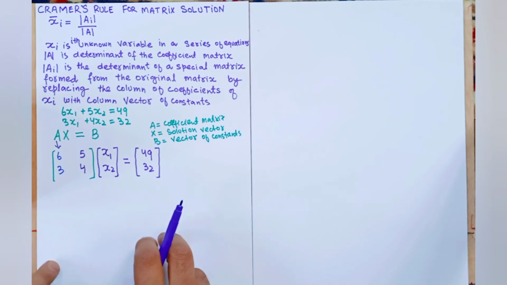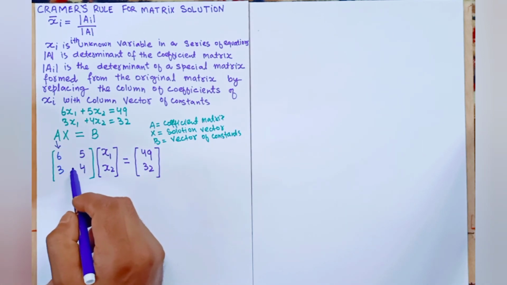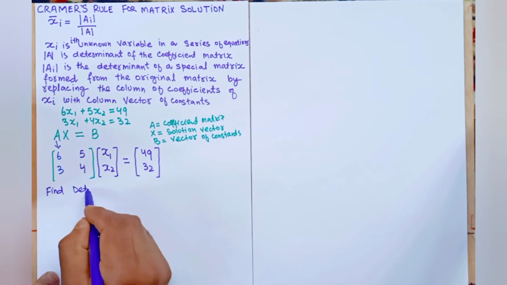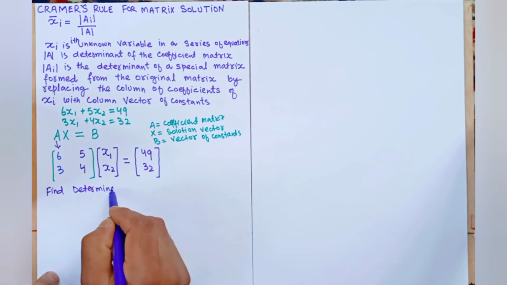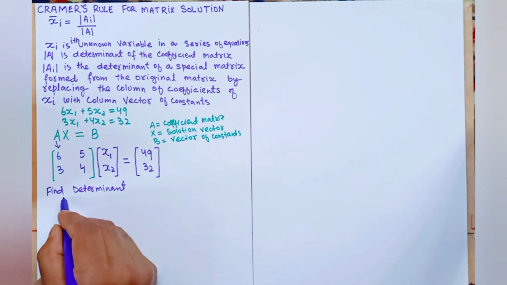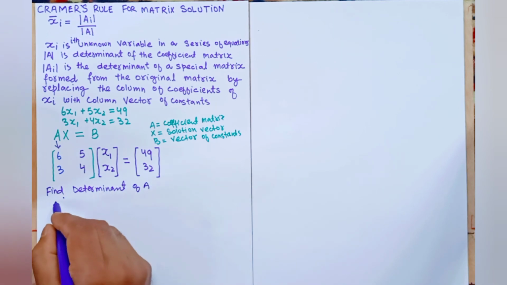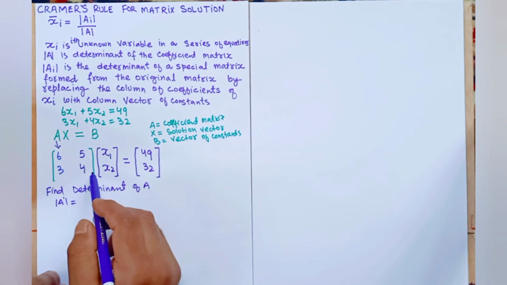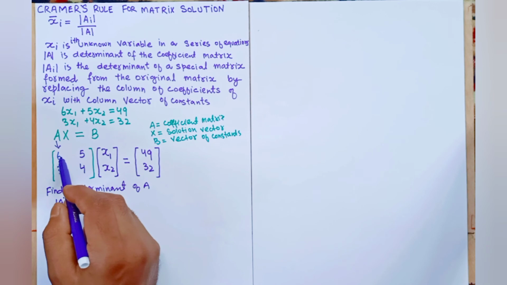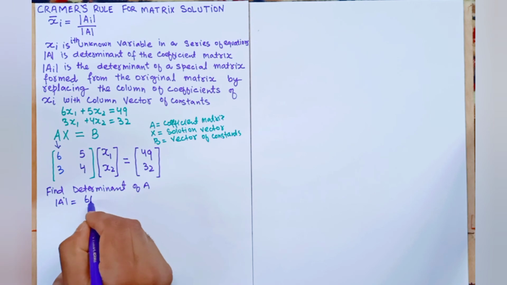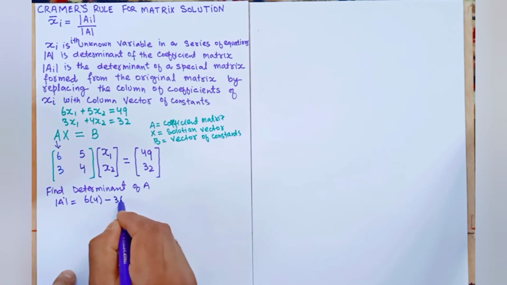Now the second step is to find the determinant of this matrix A. I will write the determinant of A is equal to 6 into 4 minus 3 into 5.